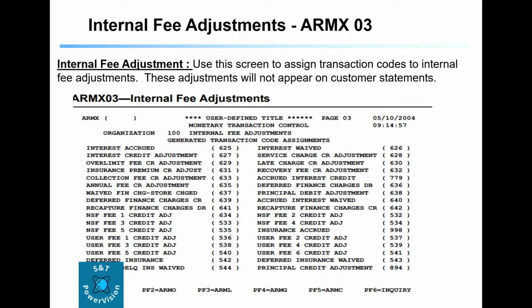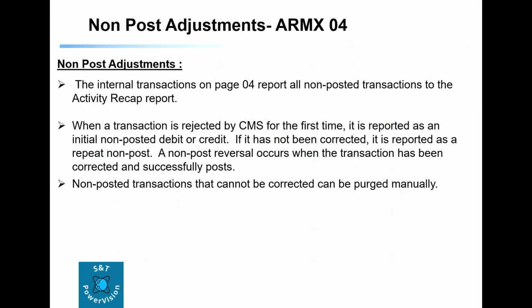Now on the next screen, ARMX03, internal fee adjustments are defined. Use this screen to assign transaction codes to internal fee adjustments. These adjustments will not appear on the customer statement. Non-post adjustments are defined on ARMX04. The internal transactions on page 04 report all non-posted transactions to the activity recap.